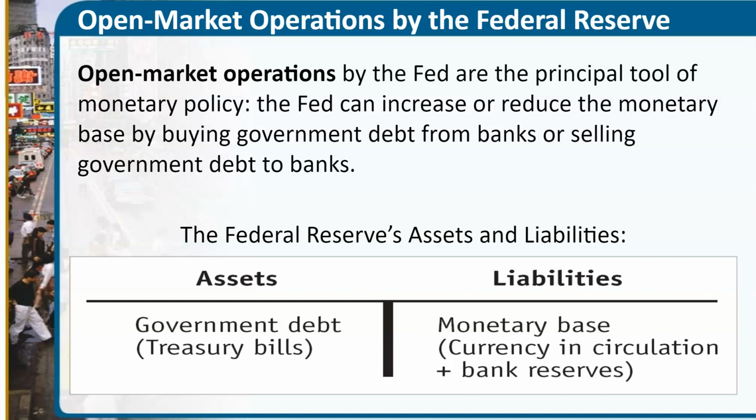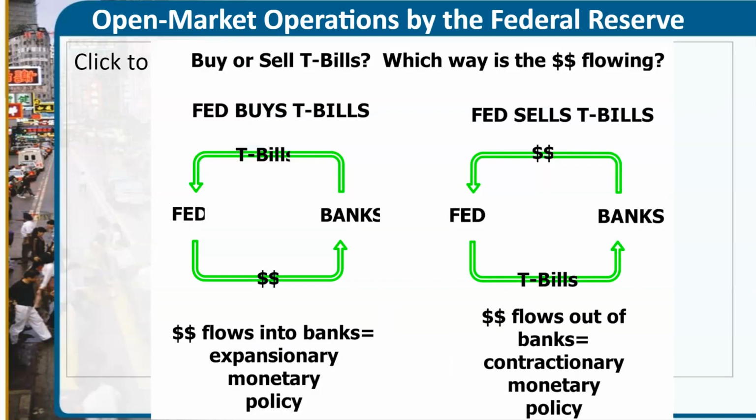So one of the ways to think about this is in what we call buying to grow and selling to slow. On the left-hand side here, you see the Fed is going to buy treasuries. The Fed buys the treasury, so a bank gives the treasury to the Fed, the Fed gives the money to the bank, and then the bank is going to use that money to go out and make loans with it.